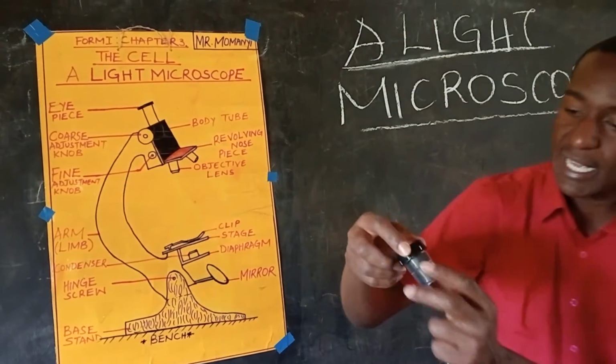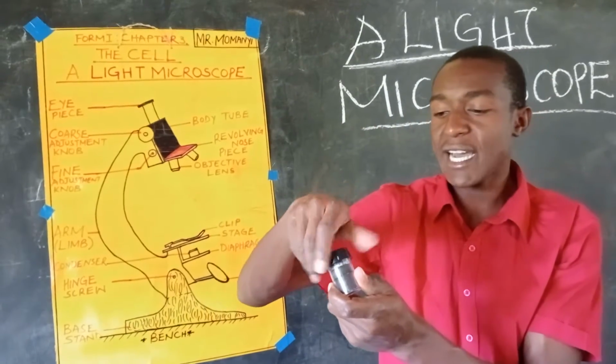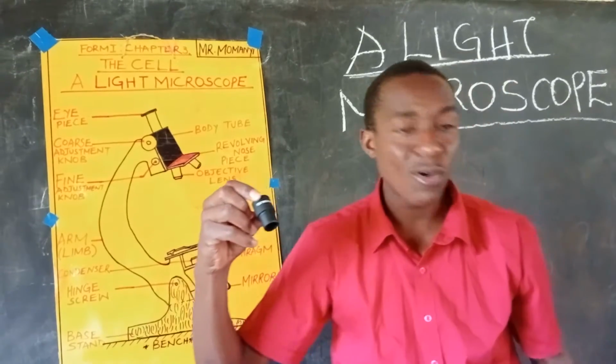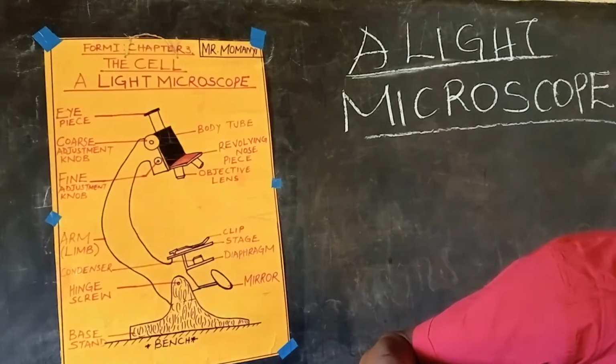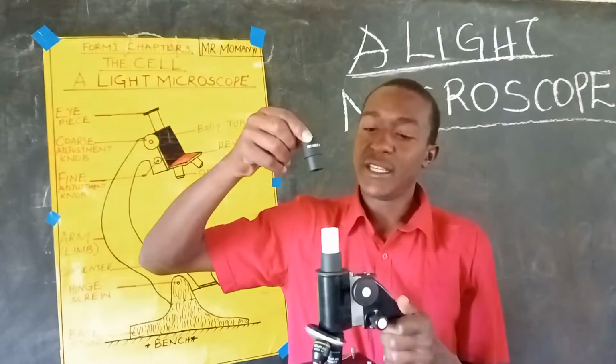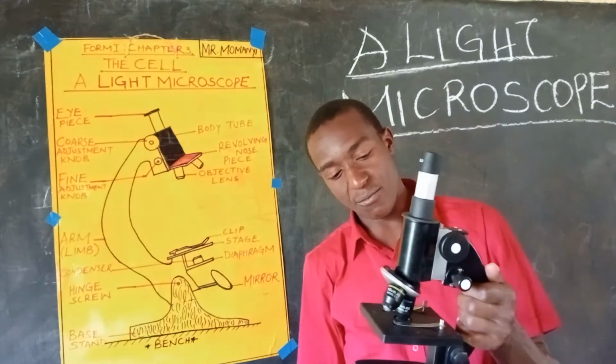It is well protected here. So this is the eyepiece. Of course, the eyepiece lens is well protected, and I will fix it in my microscope. This is where we fit it. It is fit here. That is now a complete microscope.